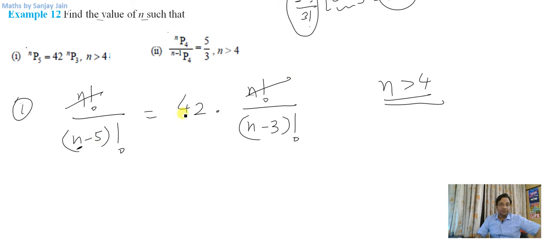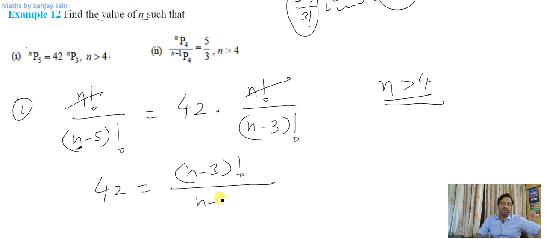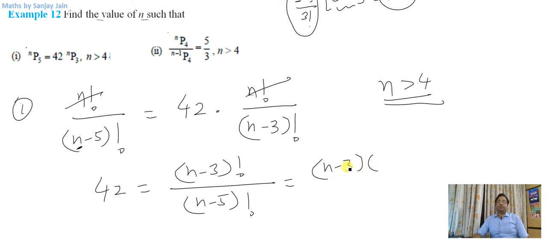And 42 will be equal to (n minus 3) factorial by (n minus 5) factorial. Now (n minus 3) factorial can be written as follows.